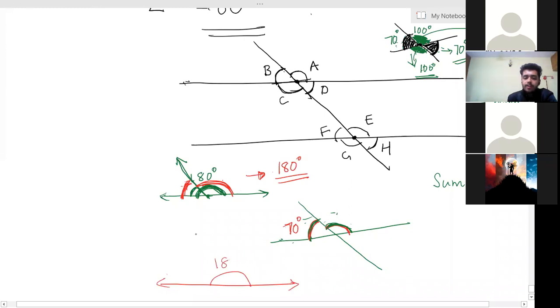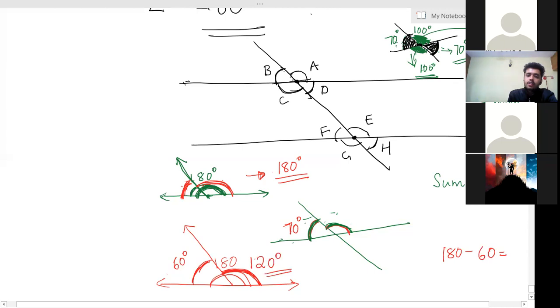So if I divide this straight line into parts like this, and this side is 60 degrees, what will be this big side? The total is 180 degrees, and the small side is 60 degrees. It will be 180 minus 60, which is 120.